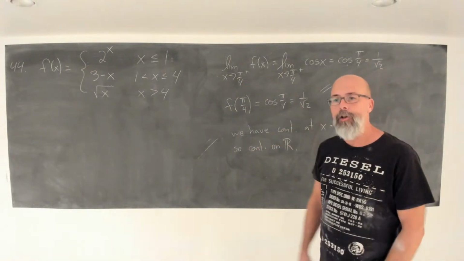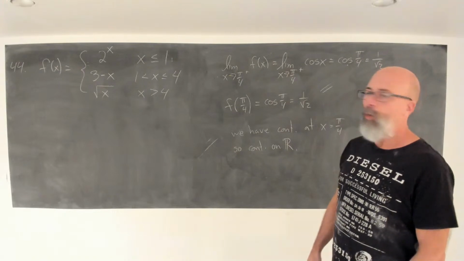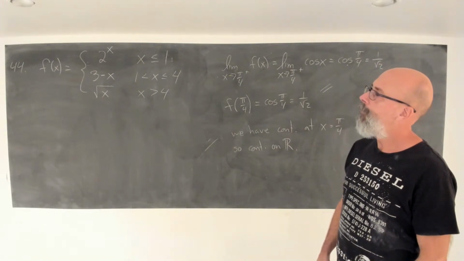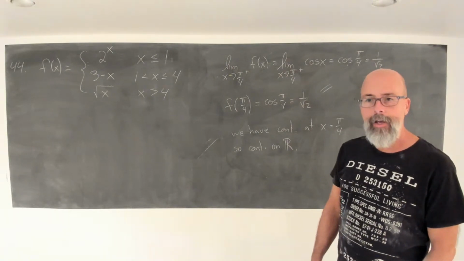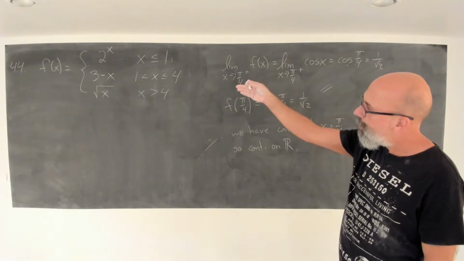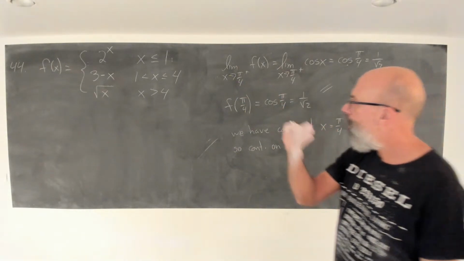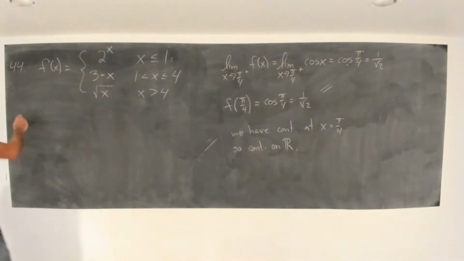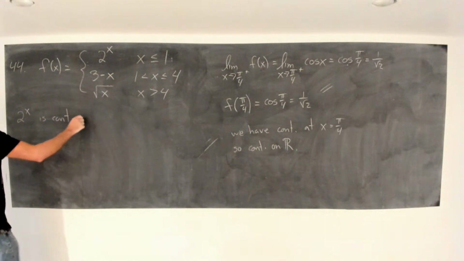All right, consider this. We're asked to discuss the continuity of this function. And what can we say? This function is made up of 3 pieces, all of which are continuous. 2 to the x is continuous everywhere.